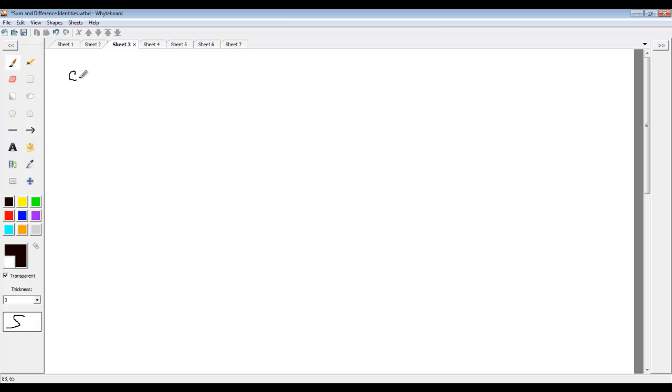If we take cosine of 90 degrees minus theta, we can apply our identity and say that's cosine of 90 degrees cosine theta plus sine of 90 degrees sine of theta. Okay, so cosine of 90 degrees we know is 0.